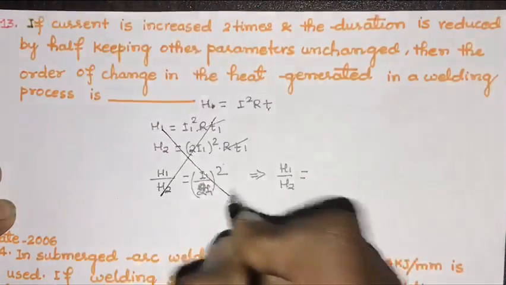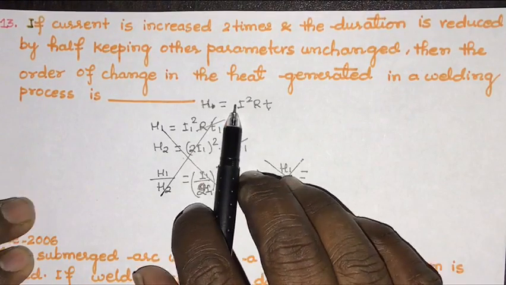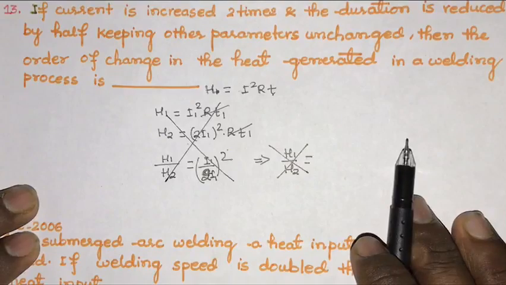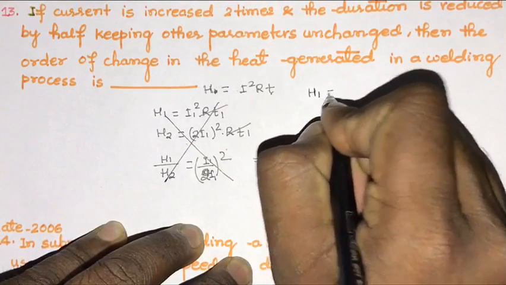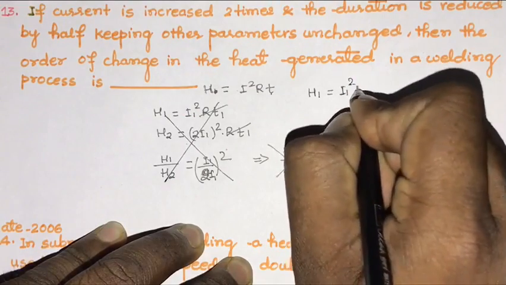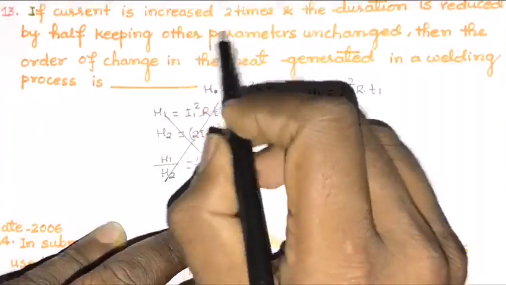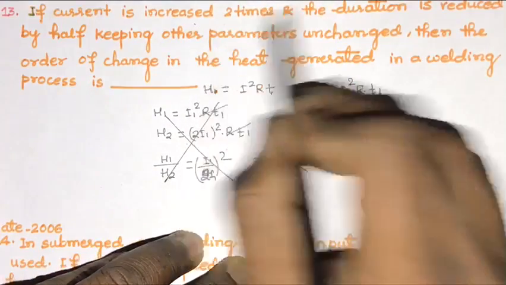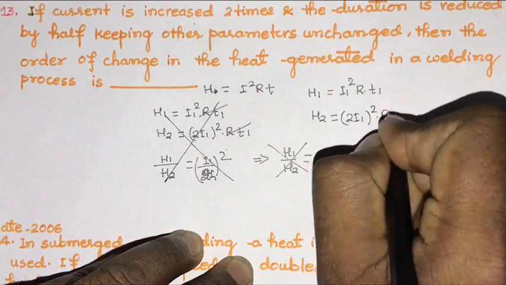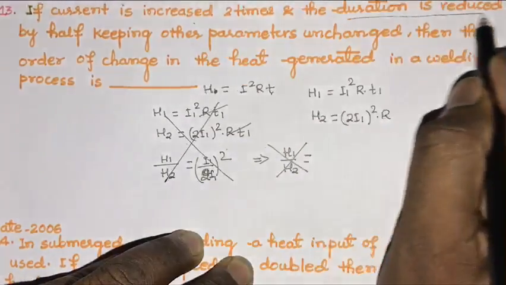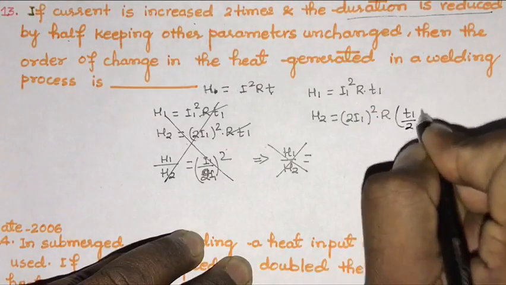Sorry, let's try again. This is the formula for heat generation, H equal to I square R T. In the first case, the current is I1, so H1 is I1 square into R into T1 duration. In the second case, the current is made 2 times, so this will be 2I1 square into R, and the duration is reduced by half, so the time will be T1 by 2.